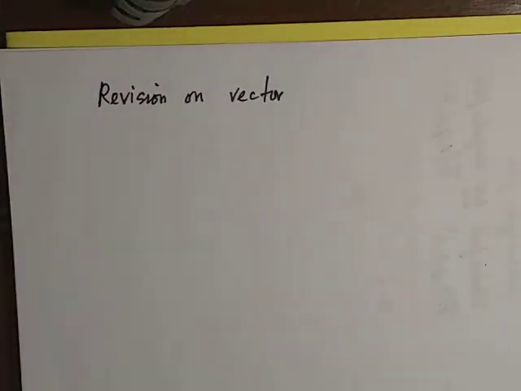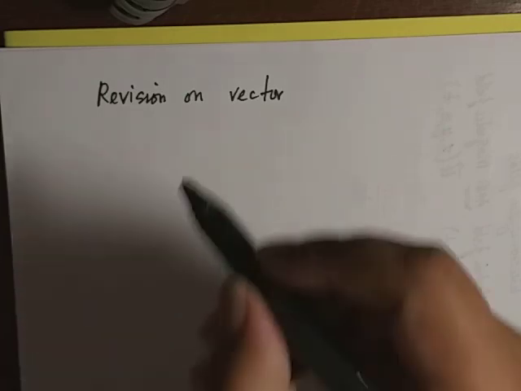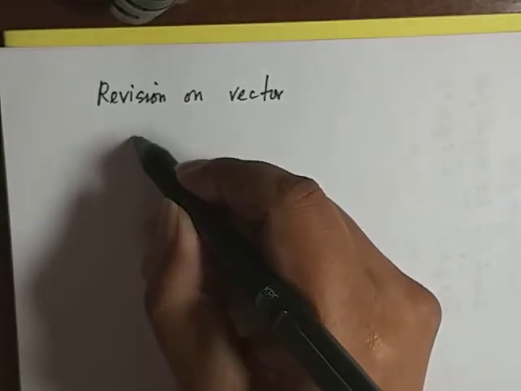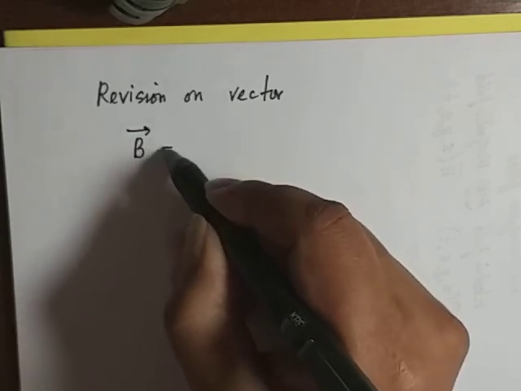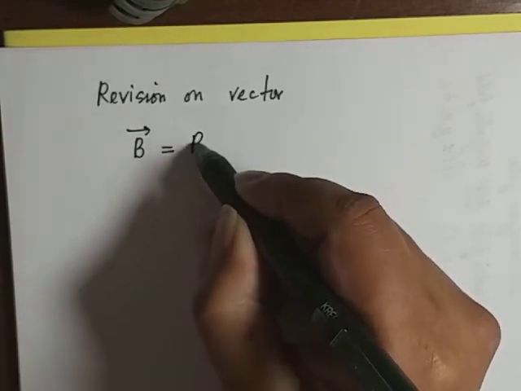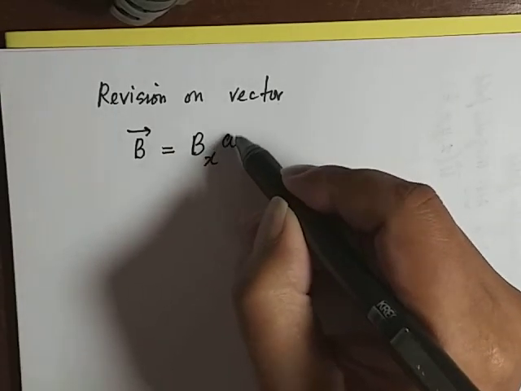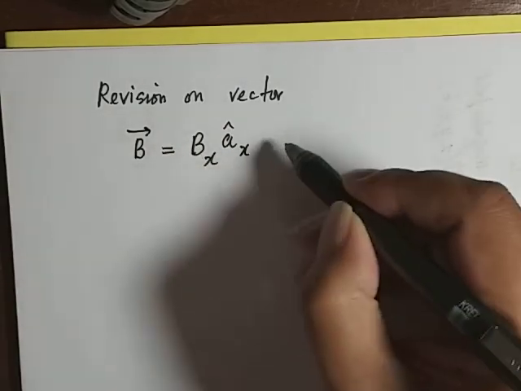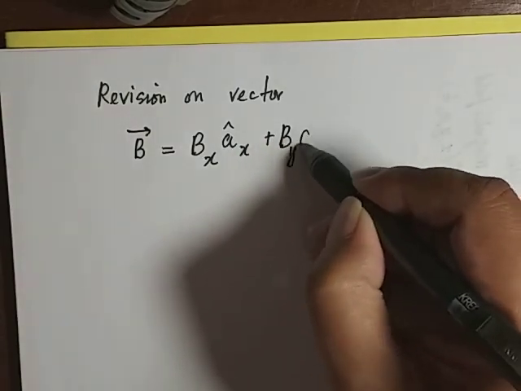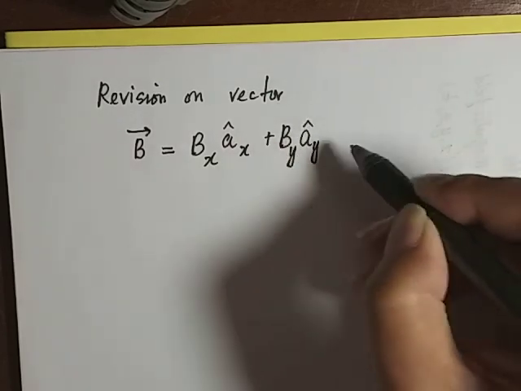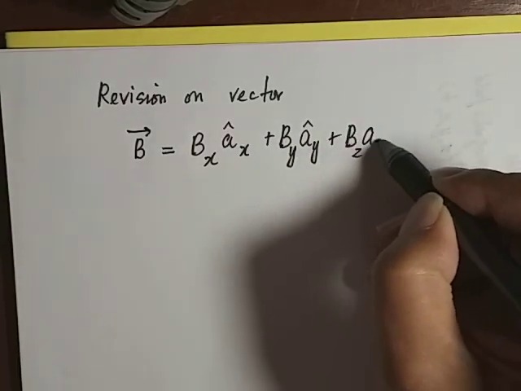Okay, so given here, the vector B is equal to B subscript x unit vector ax plus B subscript y unit vector ay plus B subscript z unit vector az.